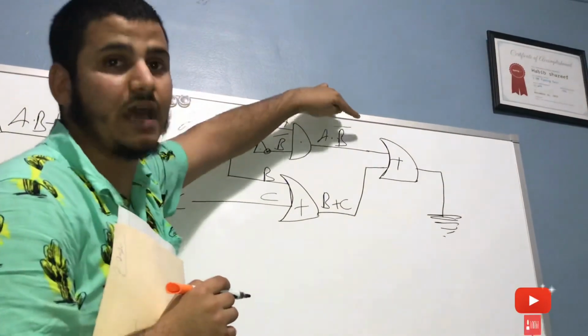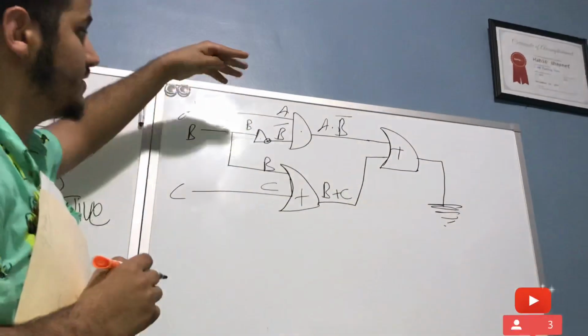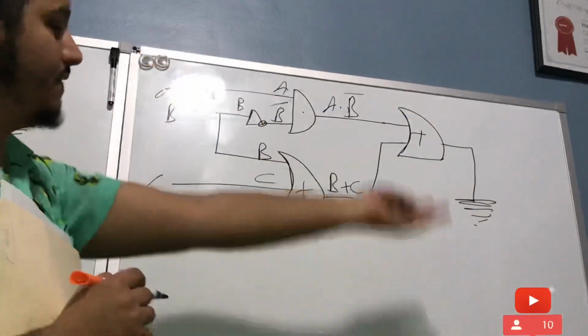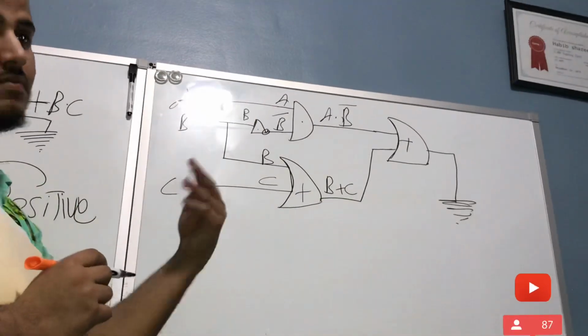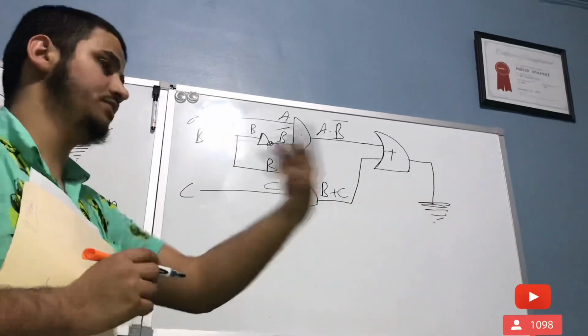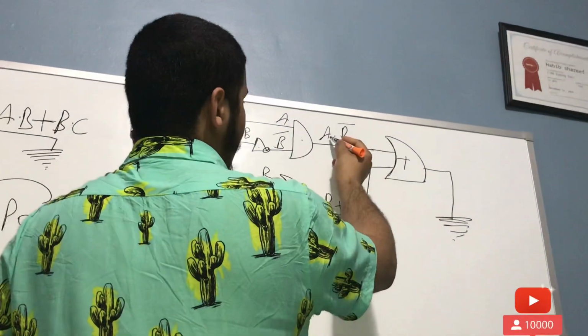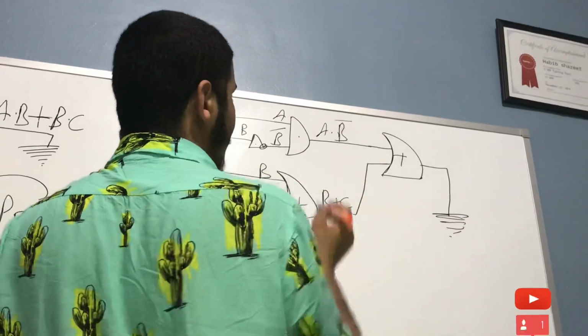Why did I put the line on top? Because it's converted. See the converter? If it's B, it's going to be B converted. If it's 0, it will be 1. If it's 1, it will be 0. The opposite. So in here we have A times B converted.